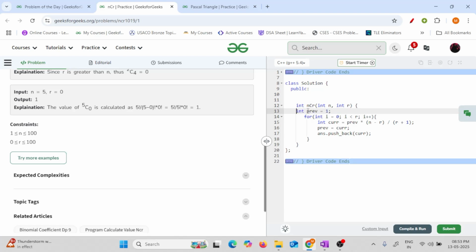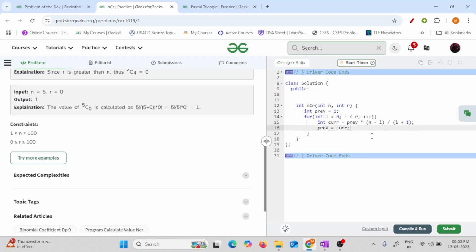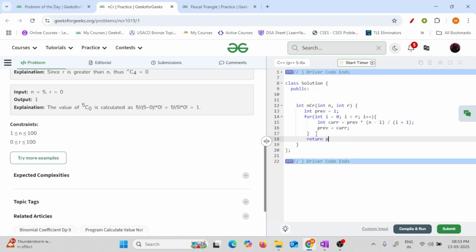Why 1? Because nC0 is 1, so it will start from 1. It starts from 0, and previous is multiplied by (n minus i) and divided by (i plus 1). What I'm doing here, you will understand if you watch that previous video, which I will mention as well.